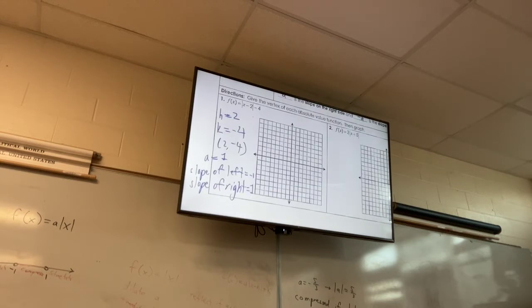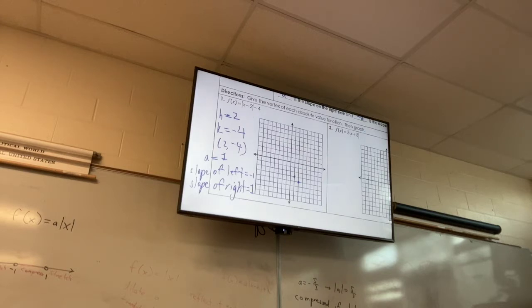So you guys see how I can graph this then? All I have to do is plot my vertex. My vertex is at 2, -4, so right 2, down 4, okay, so right here. I just plot my vertex. And then the slope of the left side is going to be -1, so I can plot another point, left 1, up 1, okay?